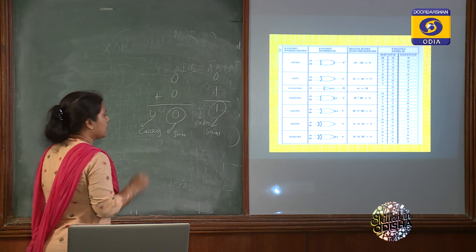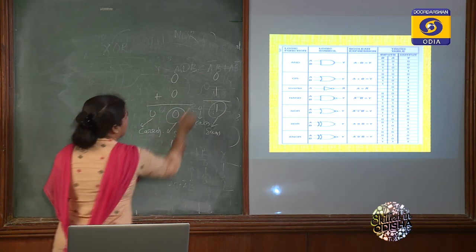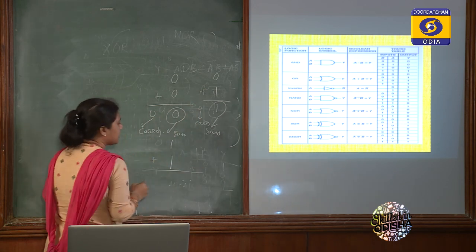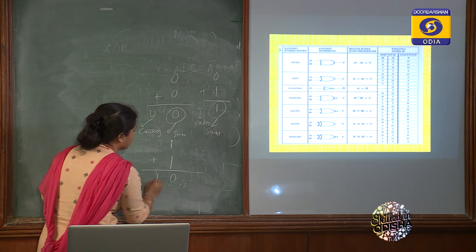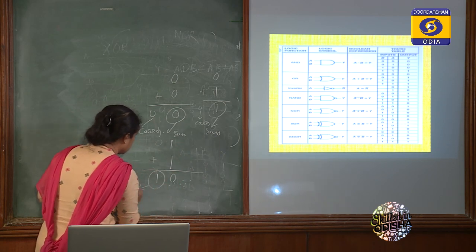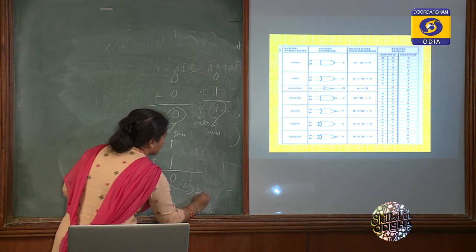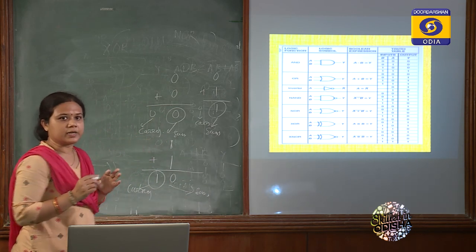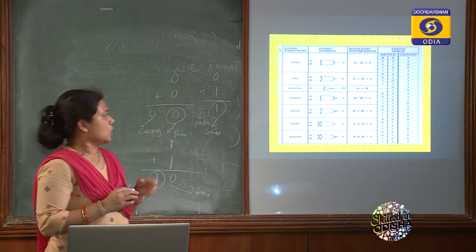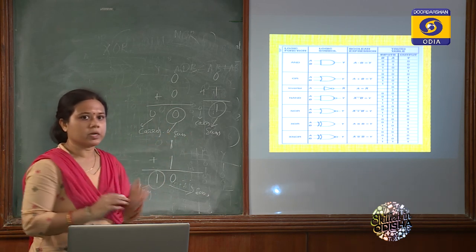If we add 1 and 1, so now we have to add this one. What will we be getting here? 1 plus 1 will be 0, and here 1 will be the carry. This is the carry bit, and this one is our sum. So these are simple additions. We have to add all these bits like this. You just have to remember all these things.